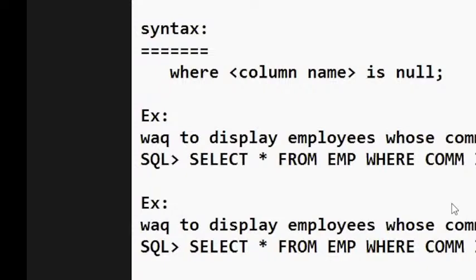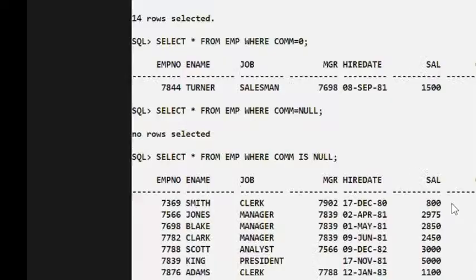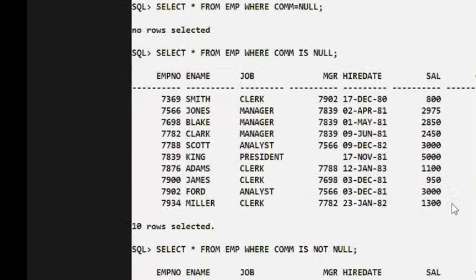Now we can do the negative operation: IS NOT NULL. Let me come out and see when I give the negative IS NOT NULL, whose commission is not null. Who came here? 300, 500, 1400 and 0. Now tell me, is null equal to 0 or not equal to 0? Not equal to 0. Okay now? Write down below.